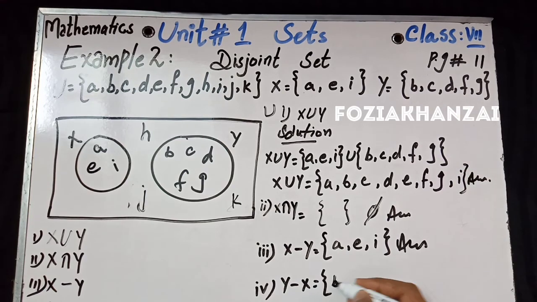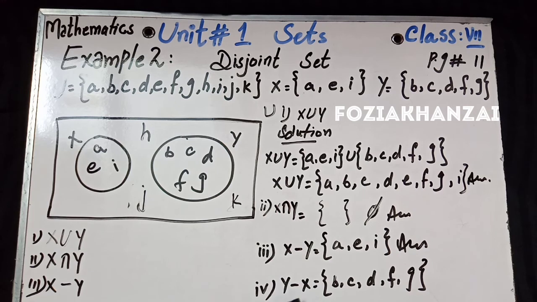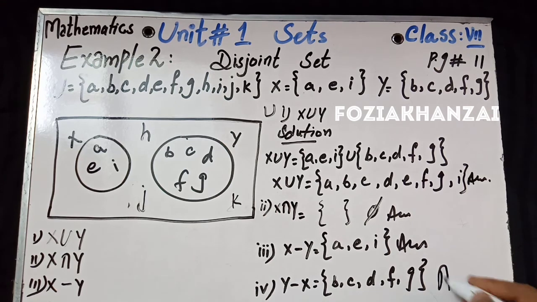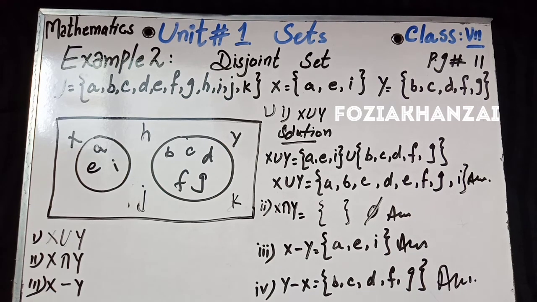B, C, D, F, G would be the answer of Y difference X. Correct answer. Done all 4 parts. Example 2, page number 11.